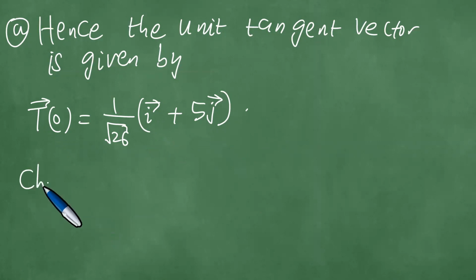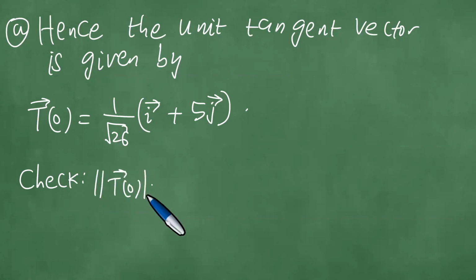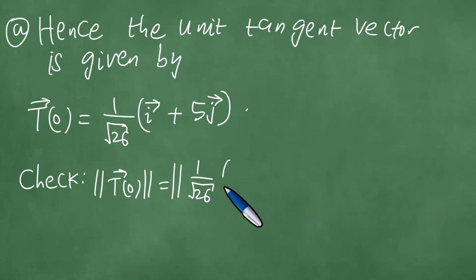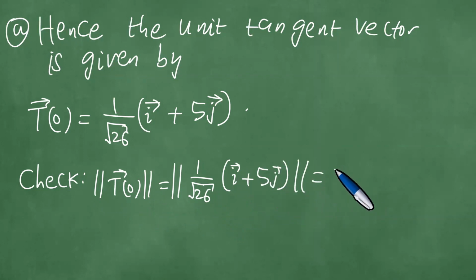You can do a check to see if this is indeed a unit vector. So you get its length. Getting the length of the vector will be 1 over the square root of 26 times i plus 5j, like this. And then you can take out the 1 over the square root of 26 because it's positive, and then you get the length of this vector.